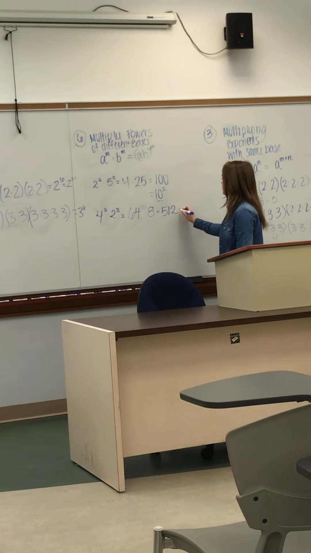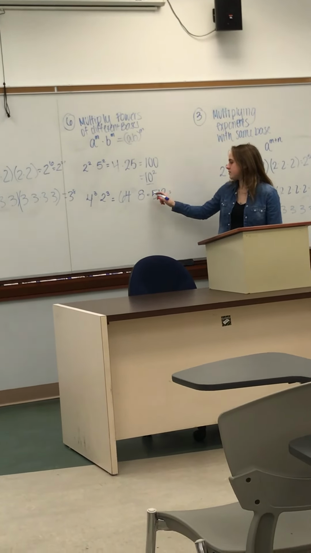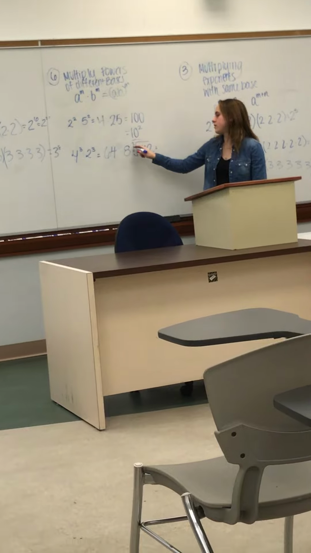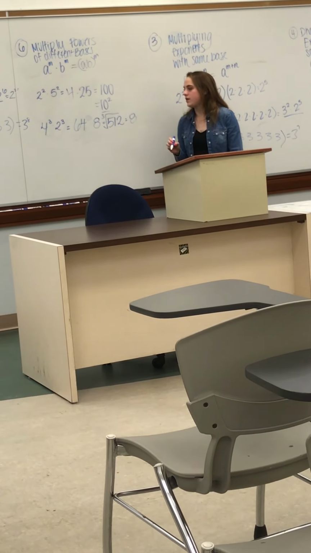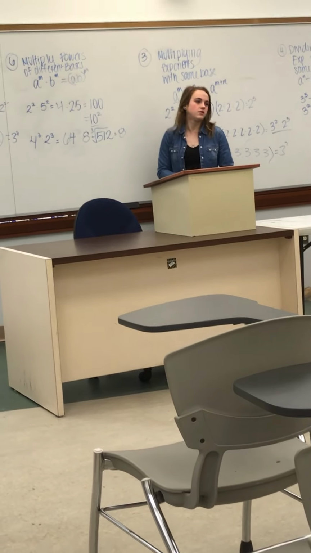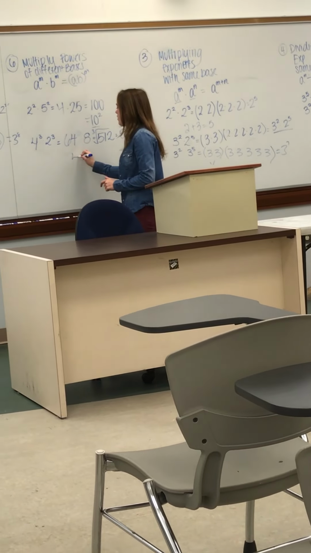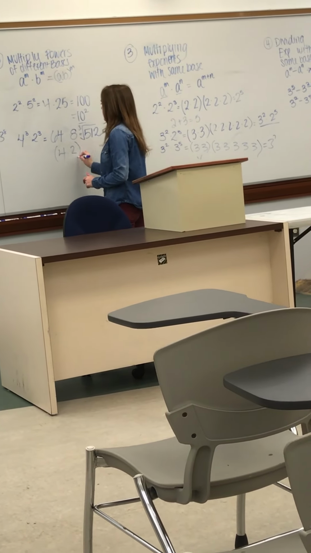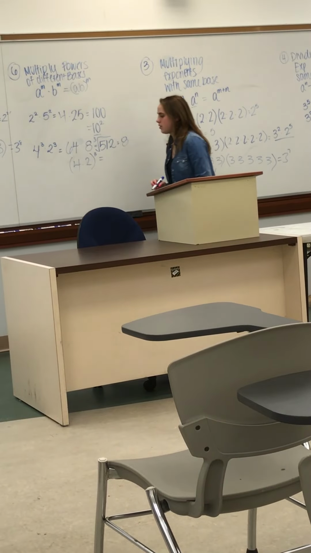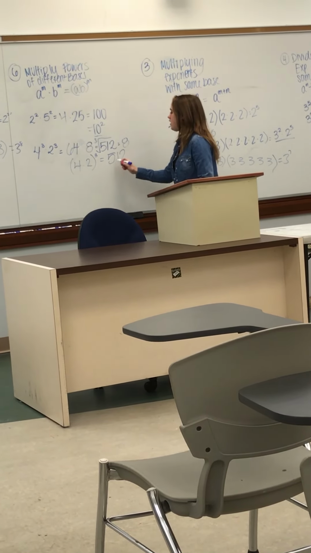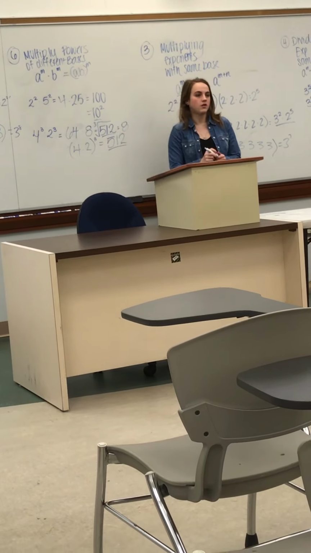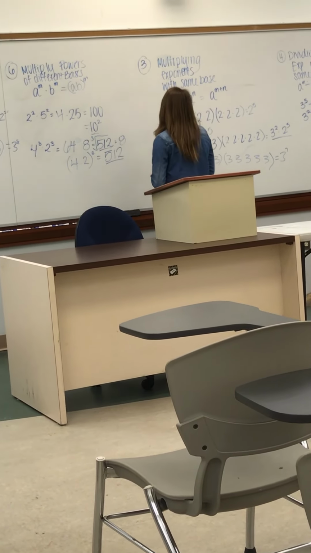The cube, that is also equal to 8. Okay, now do 8 to the third, because we multiplied 4 times 2. 512. Perfect. So you get the same thing each time, correct? Awesome. That is the last law.